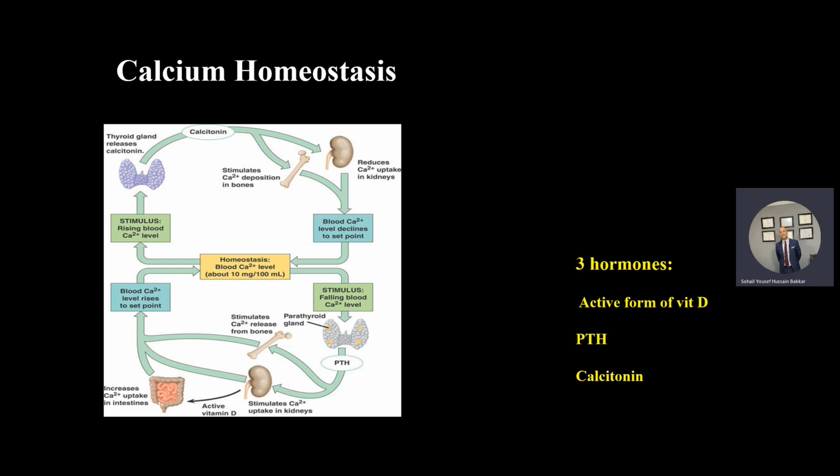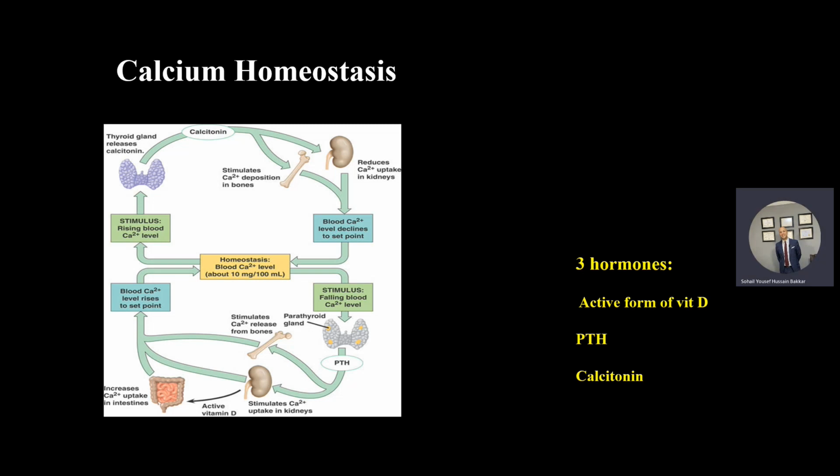Again, if you take the adrenal, the anterior pituitary responds to the hypothalamus by releasing ACTH, which in turn stimulates the adrenal cortex to produce and release its hormones. The parathyroid glands are not controlled by the hypothalamic pituitary axis.